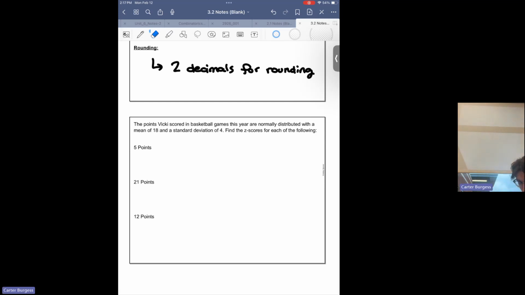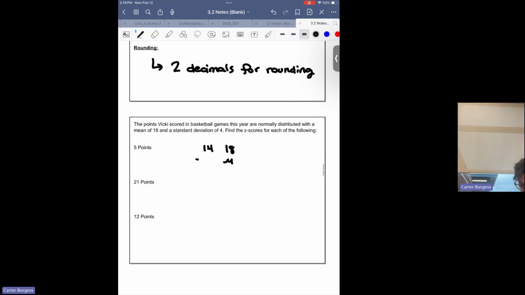All right, so let's try this. Starting at 18, I'm trying to find the number of standard deviations that 5 is from 18. What would 1 standard deviation to the left of 18 be? 14.